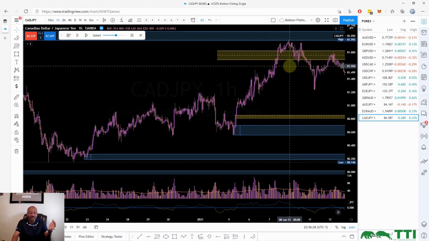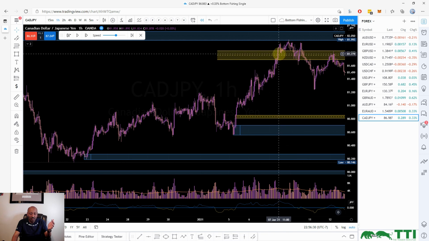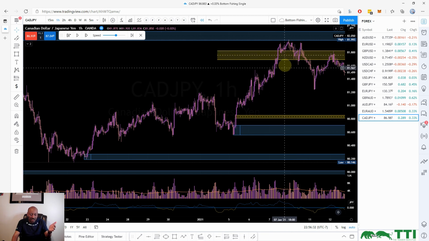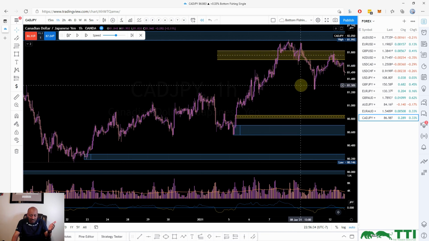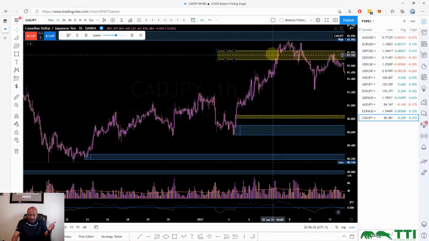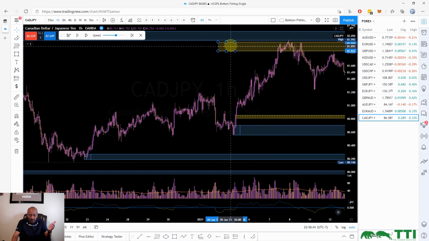Even if it's momentarily, it will go to halfway and reverse, and it could be a strong reversal, like in this case.